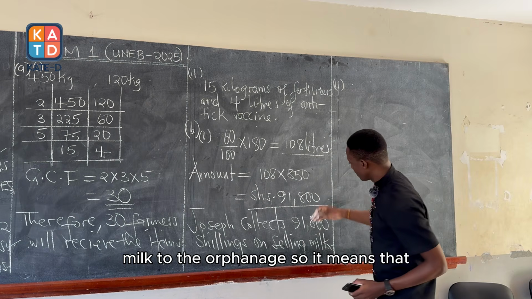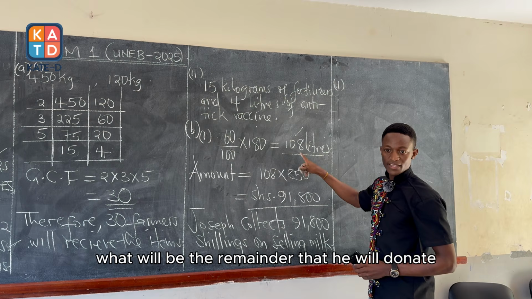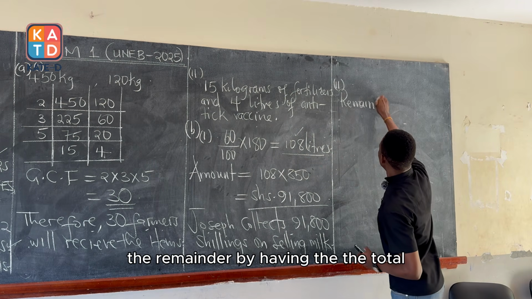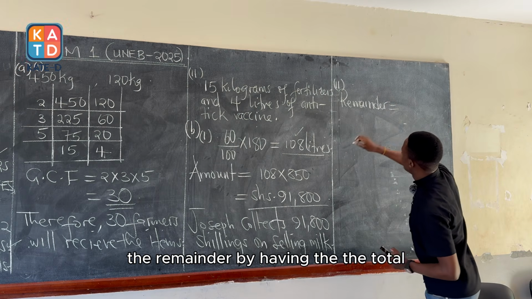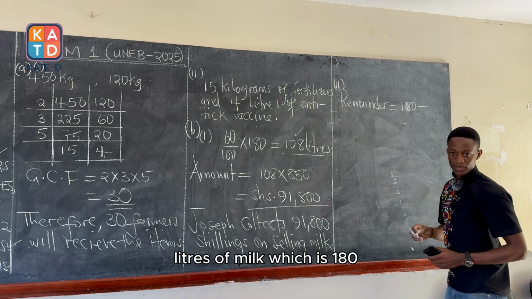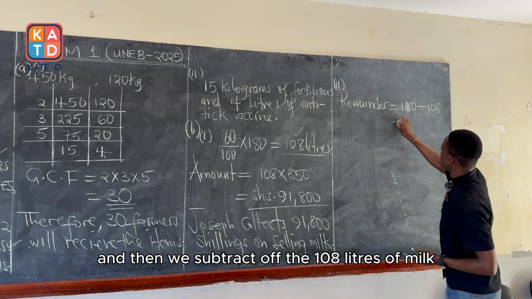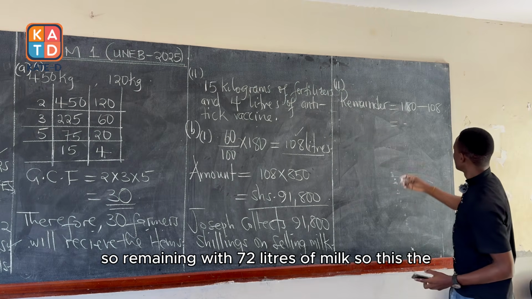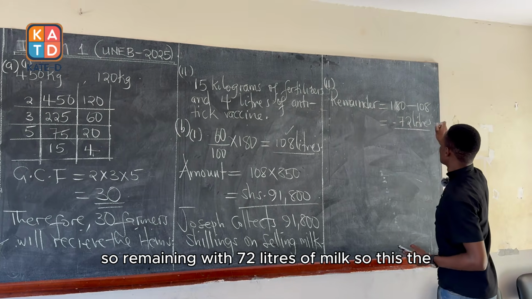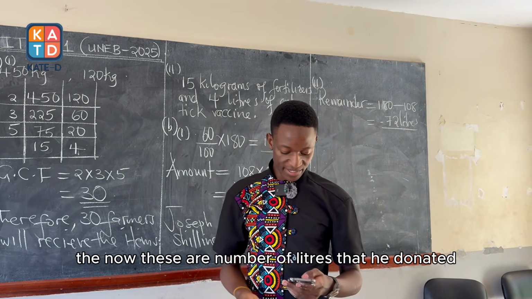So it means that if at all he manages to sell this, what will be the remainder that he will donate? So we shall first get the remainder by having the total liters of milk, which is 180, and then we subtract off the 108 liters of milk, remaining with 72 liters of milk. So these are the number of liters that he donated.